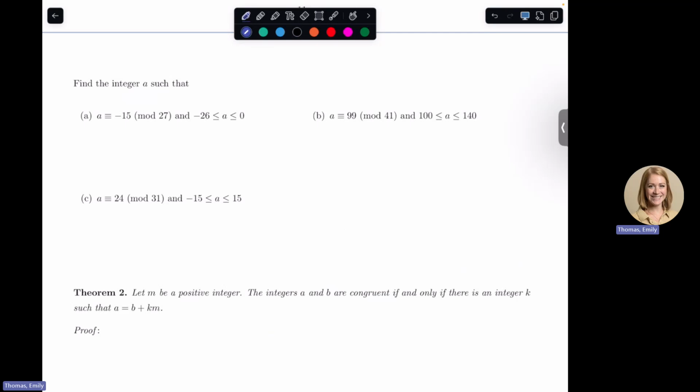So I want a number that has the same remainder as negative 15 mod 27 and is between negative 26 and 0.